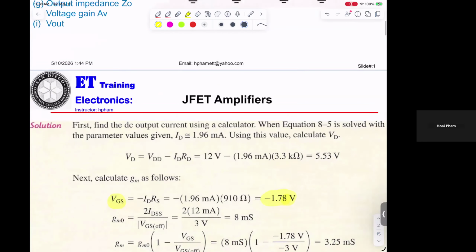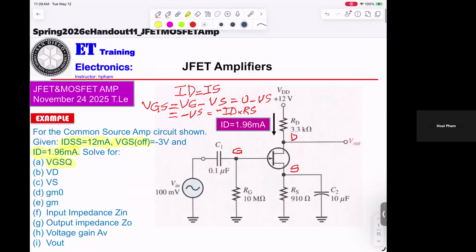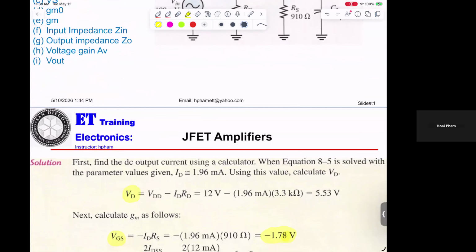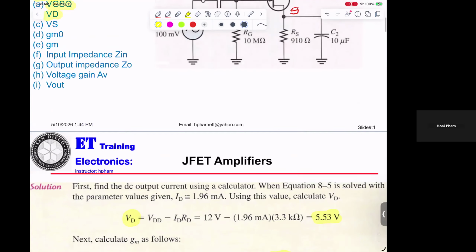Then they want VD, okay, and VD equal VDD minus ID times RD. That's given to you, okay? 5.53 volt, okay?